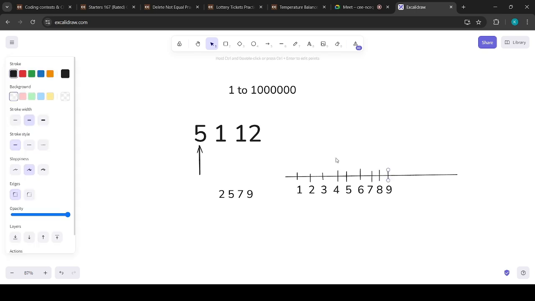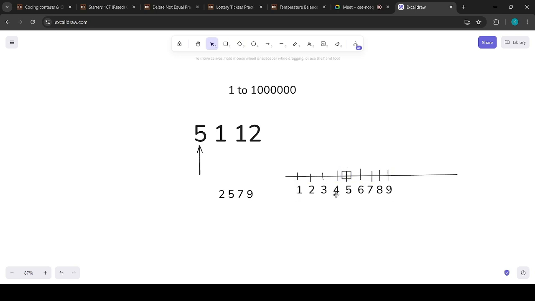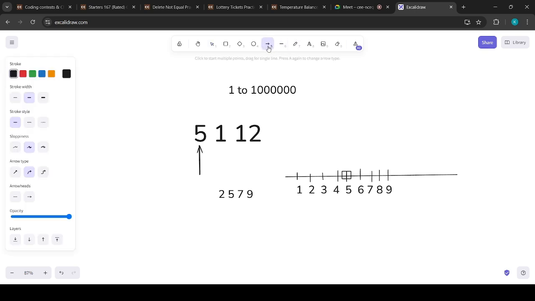Here we have number 5, and we want to find how many numbers there are such that, if they occur, we will win the lottery. If the number is 5, then we will win the lottery.